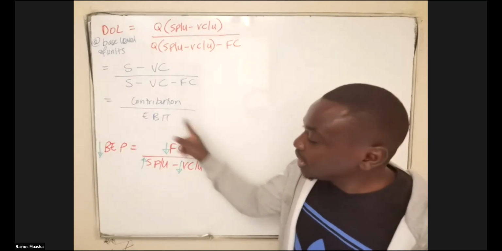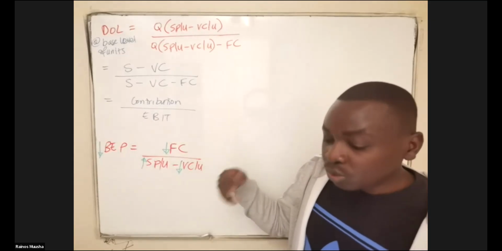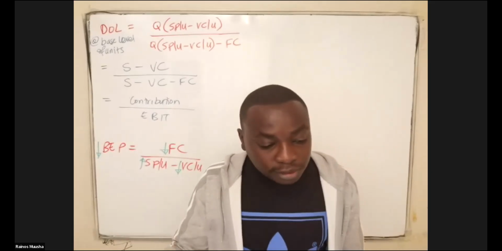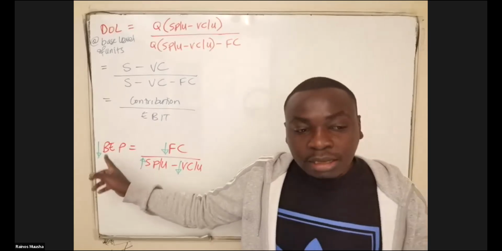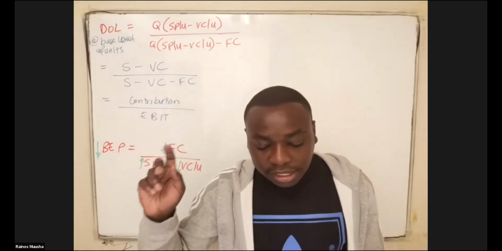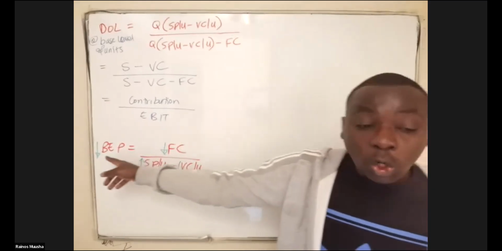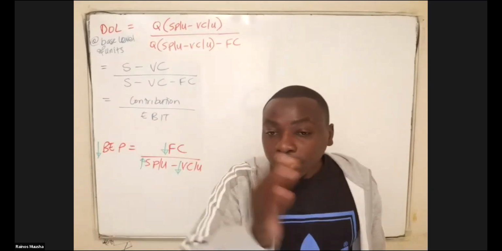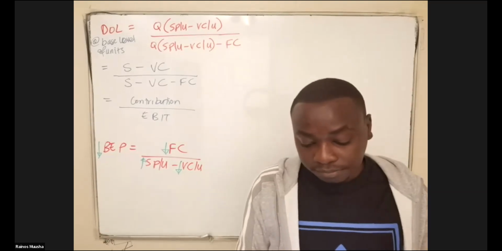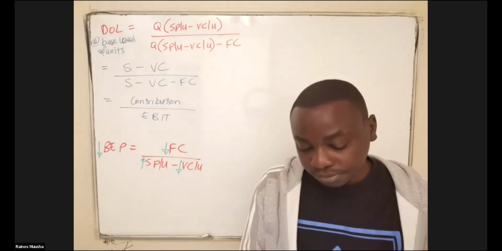When you're looking at the net effect of changes in multiple variables, you need to calculate the overall effect on the break-even point. But ideally, as an entity, you want your break-even point to be lower, because the lower your break-even point, the lower the business risk that you're exposed to.